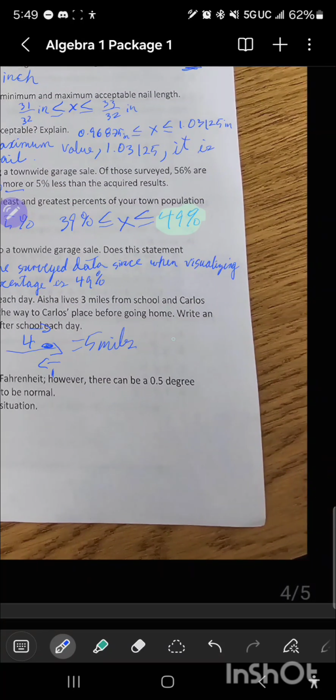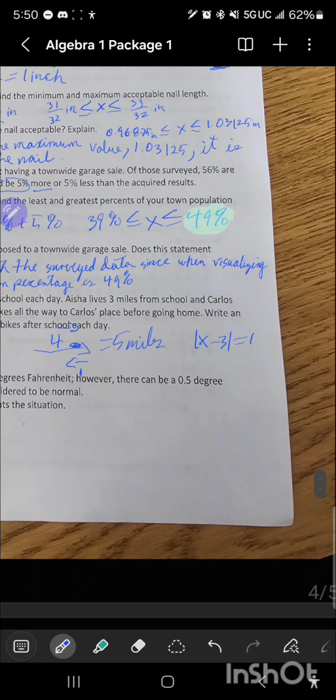she's going to bike the absolute value. I'm going to say that the absolute value of x minus 3 is equal to 1. Why?